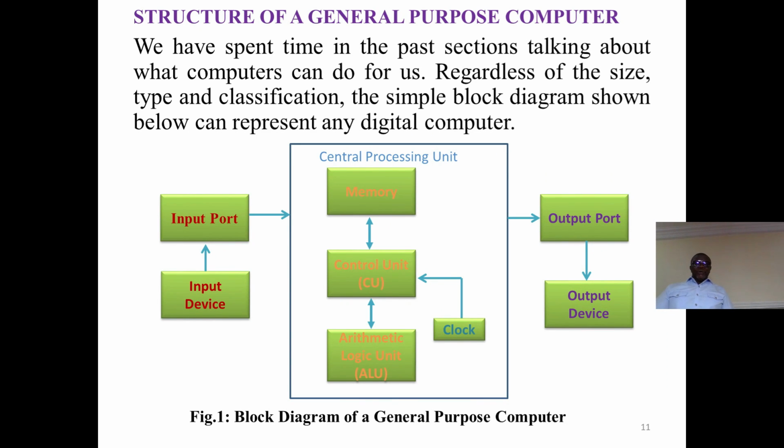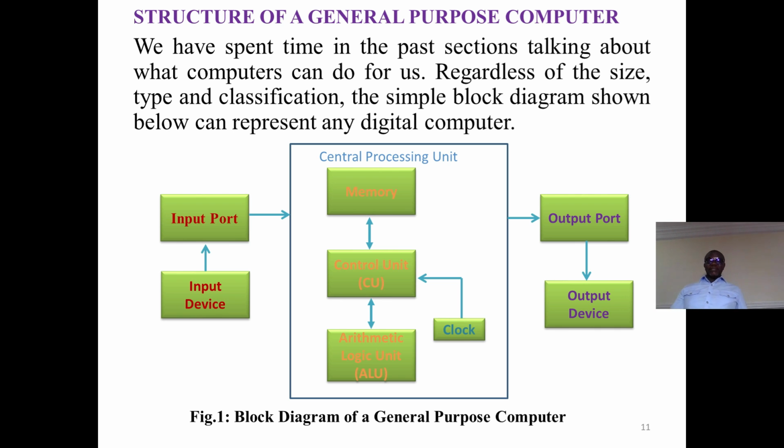Now, we look at the general purpose computer, the structure of it. In the past, we've spent time talking about what computers can do, but regardless of the size, the type, and the classification, a simple block diagram like the one in Figure 1 shows the composition of a typical general purpose computer.